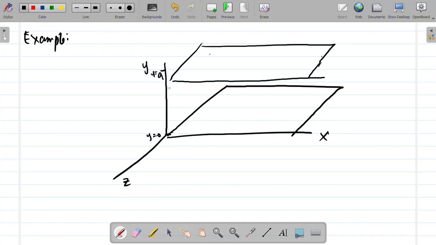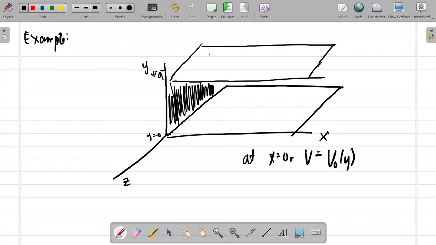Nasaan class ang x equals 0? Itong yan, di ba? At x equals 0, V equals V naught of y. So, dependent lang siya sa y kasi constant yung x equals 0. So, find the potential inside.